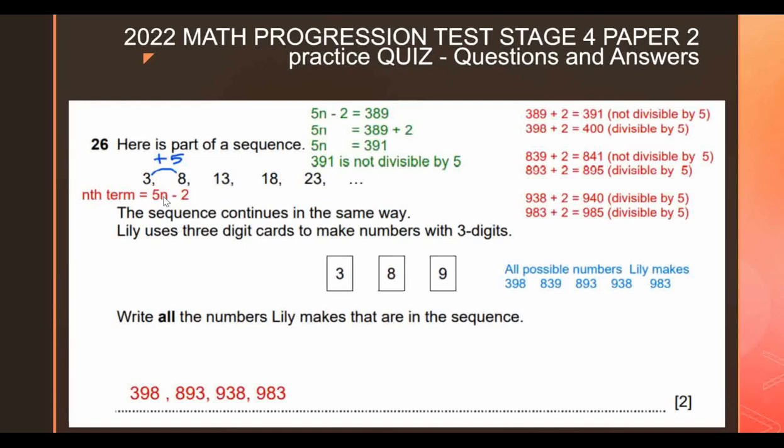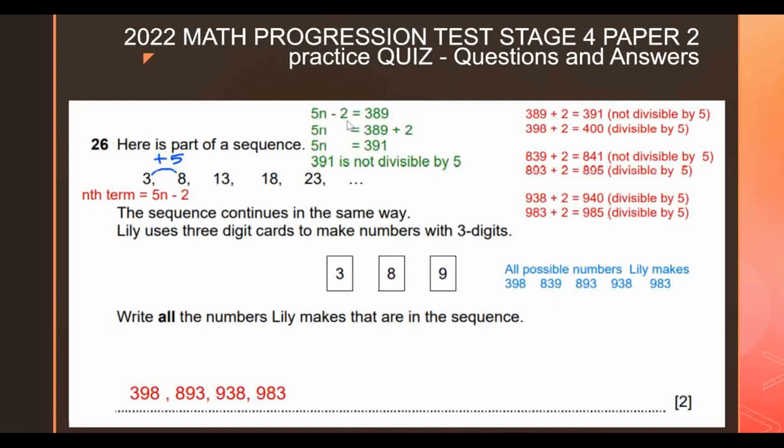n is the number of the term. Now, the sequence continues in the same way. So we have the digit cards 3, 8, 9. If we use this formula, 5n minus 2 equals 389, the first possibility, we have to get the value of n.